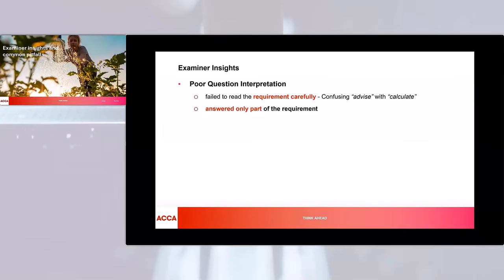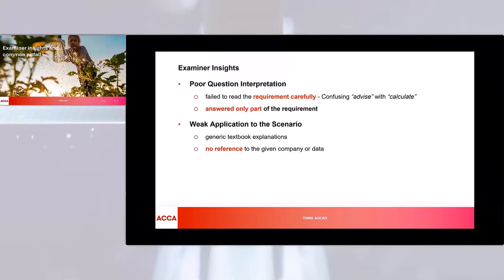Not every requirement or every aspect of the requirement is answered. Whenever comments are written, we see that they are quite generic. They do not connect the comment towards the scenario. There is weak application towards the scenario. It's a very generic explanation. No reference is given to the company or the data. This is one very important thing as far as the insight is concerned.